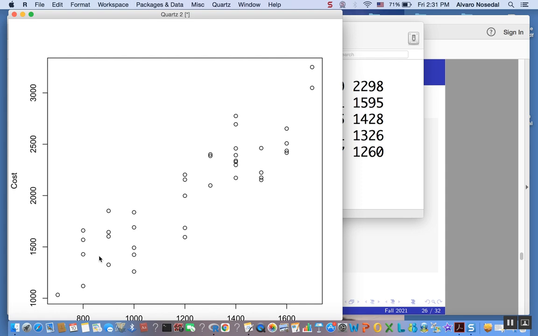Now let's do our simulations. When you're doing a simulation, you're basically playing God, because you know the parameters that produced the data.